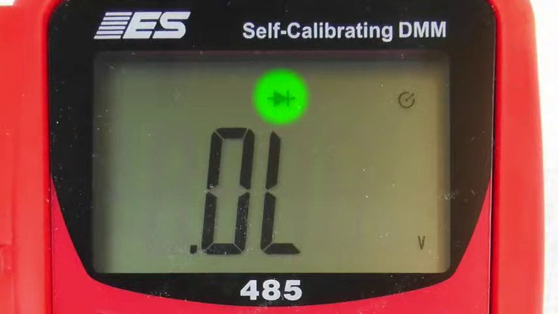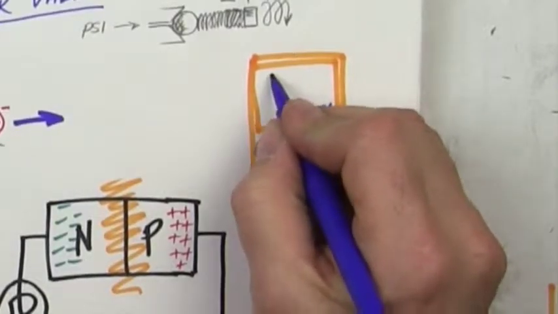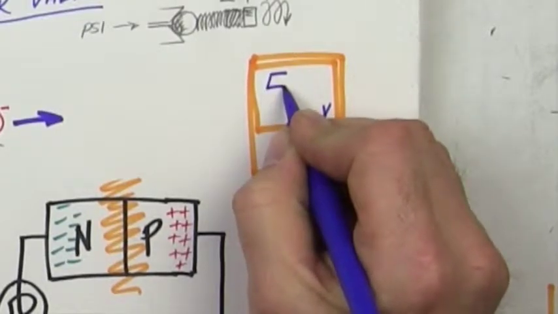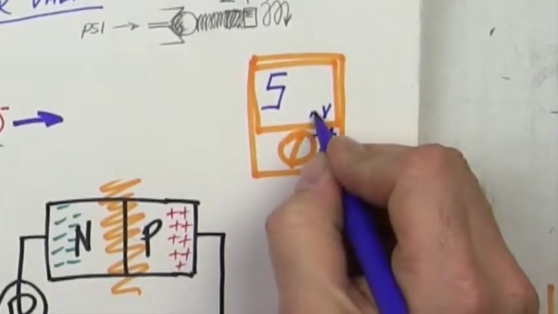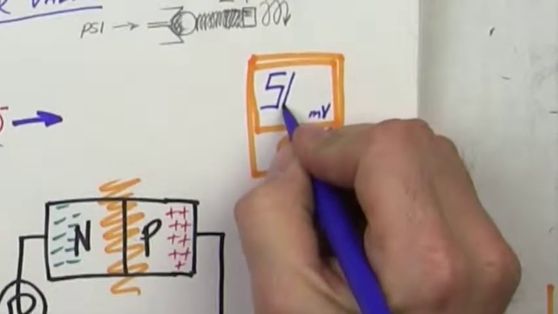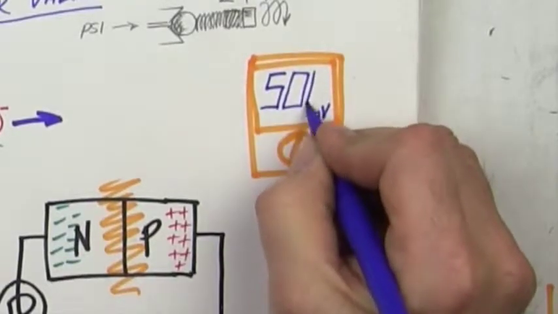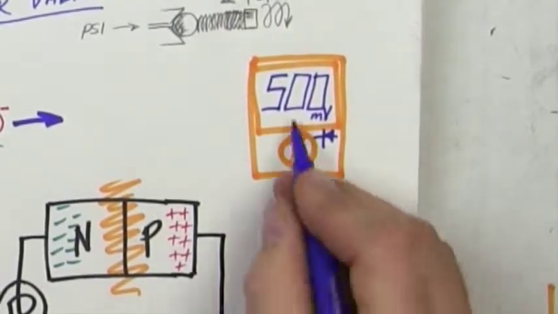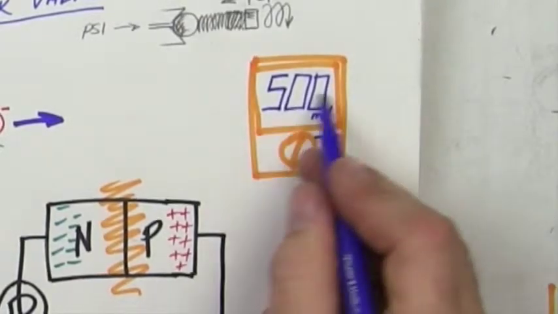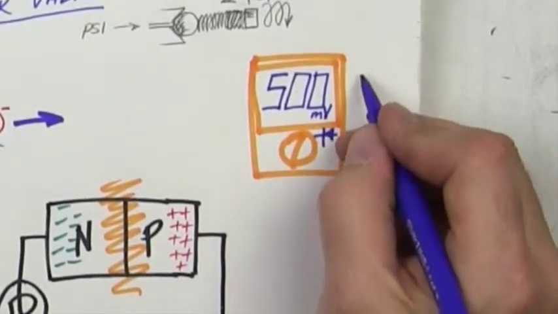It's kind of a bad diode, but hey, whatever. Then that's going to measure in volts. And the number we're looking for is 500 millivolts. That's 1/2 volt.